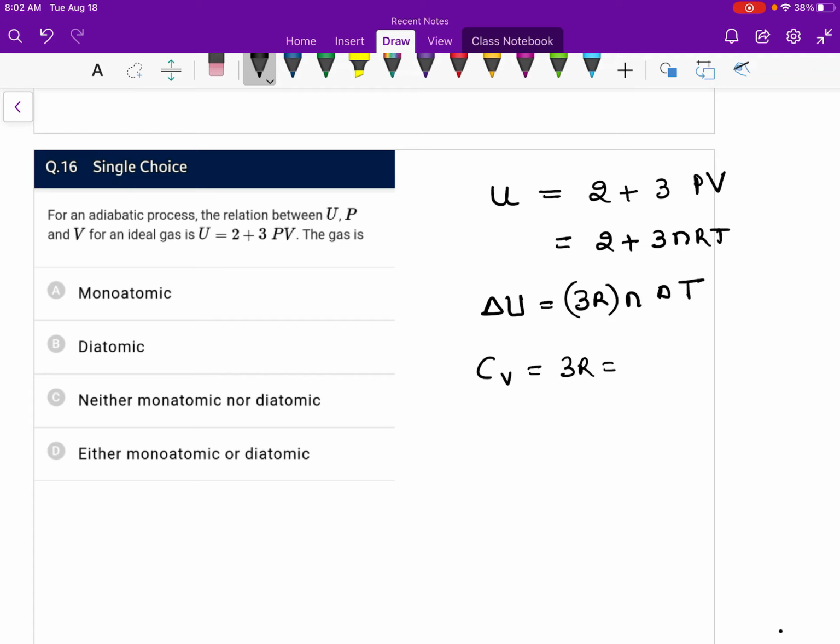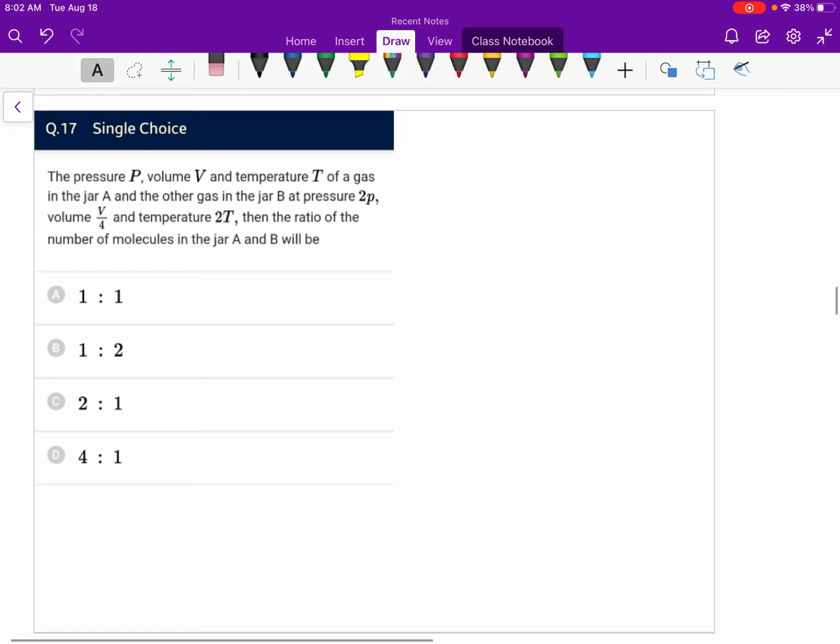Now if f is the degrees of freedom, so fR by 2, so degree of freedom is 6. So this is neither monoatomic nor diatomic. Monoatomic has 3 degrees of freedom and diatomic at low temperatures 5 degrees of freedom, so this is neither monoatomic nor diatomic, so C is the correct option.